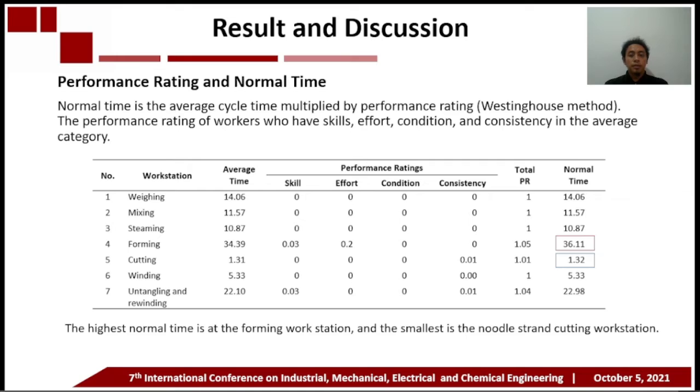We get the constants from the Westinghouse method. The performance rating is for workers whose skill, effort, condition, and consistency are in the average category. From the 7 workstations, we can see the highest normal time is at the forming workstation and the smallest is at the cutting workstation.